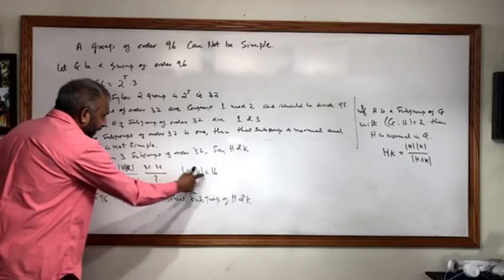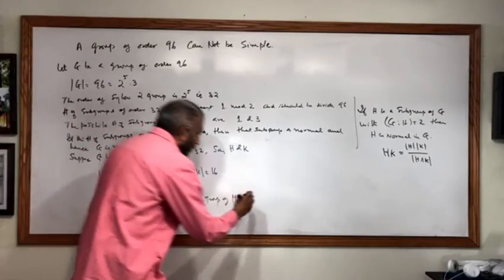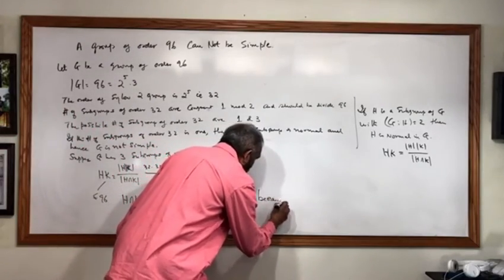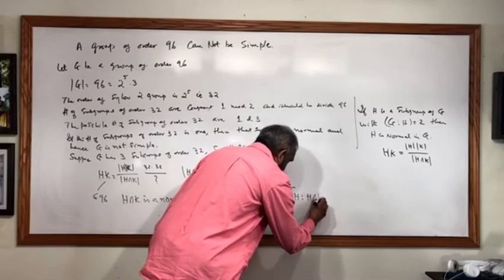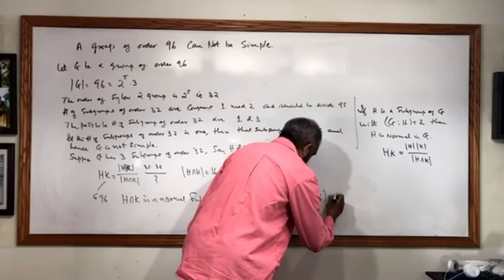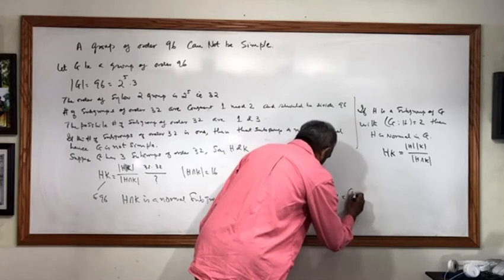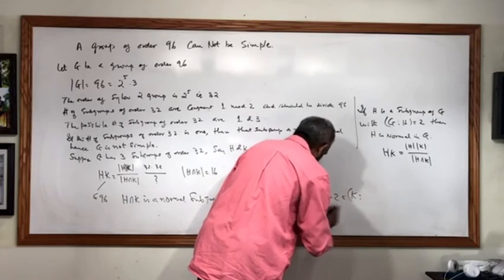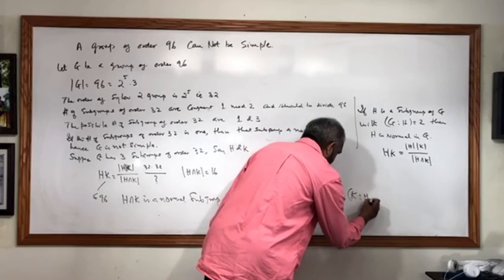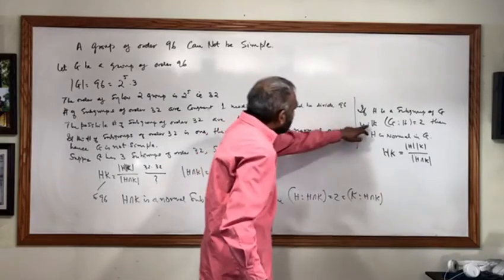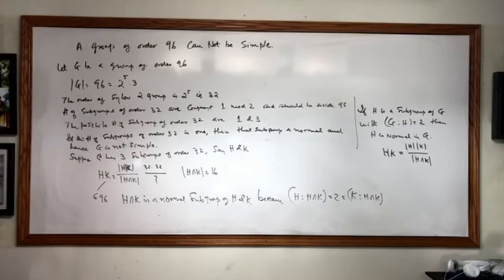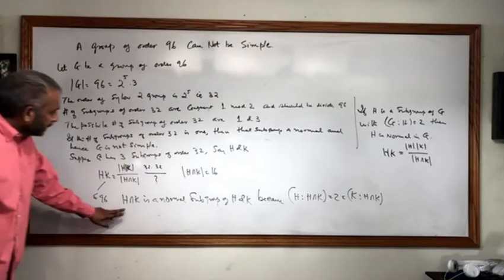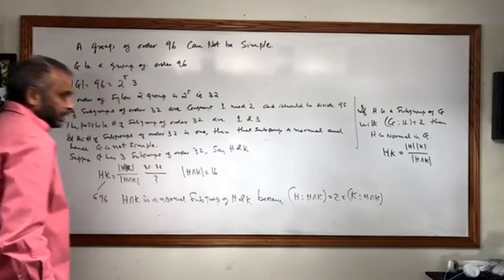Because its index is 2. So that is why this is normal in H and in K.